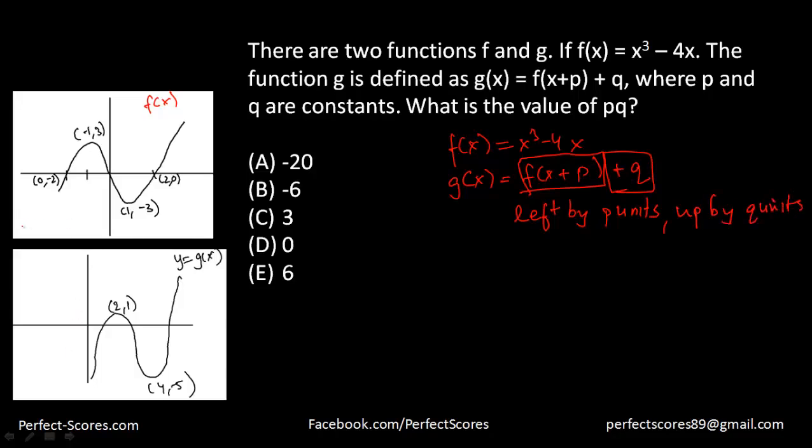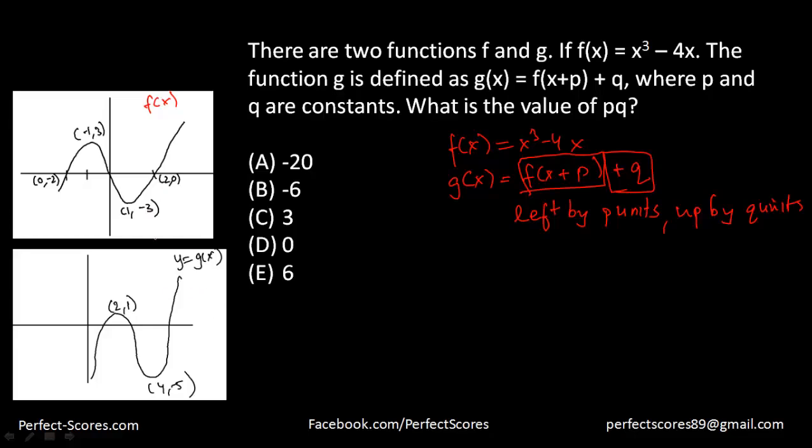Now over here, has the graph moved to the left by p units or has it moved to the right? So it says x cubed minus 4x, so it says f of x plus p plus q.